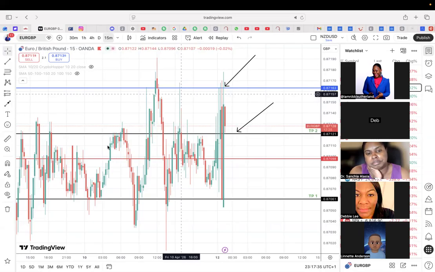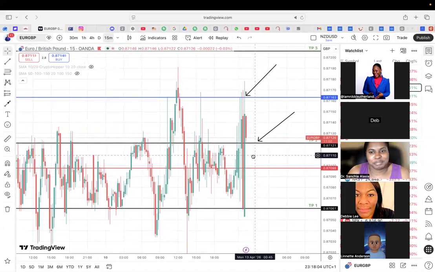And I'm being very, very simple with my language to make sure that we can all understand this. I'm not going to be using jargon on this call. I'm not going to be saying support, resistance and all of those words. I want to keep it very simple so that we can see the patterns in the marketplace. Our job is to see the patterns in the marketplace. Yes, we want to keep it super simple. I want to KISS you guys today, okay?